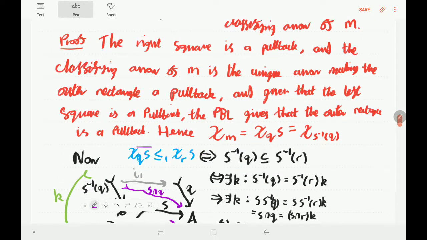Now this thing on the left is the classifying arrow of this monic s to the minus 1 of q, and this thing on the right is the classifying arrow of this monic s to the minus 1 of r. So this statement here, s chi q of s less than or equal to chi r of s, is equivalent to saying that s to the minus 1 of q is less than or equal to s to the minus 1 of r.